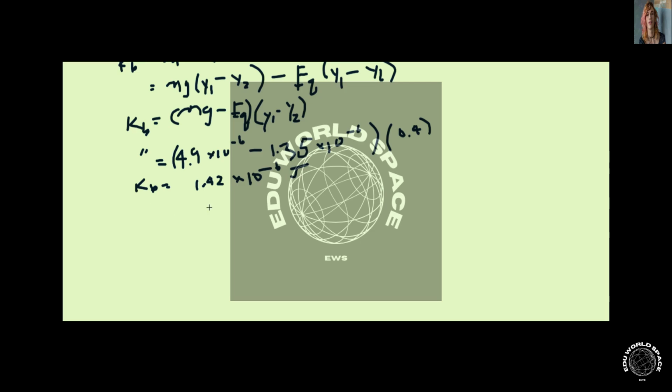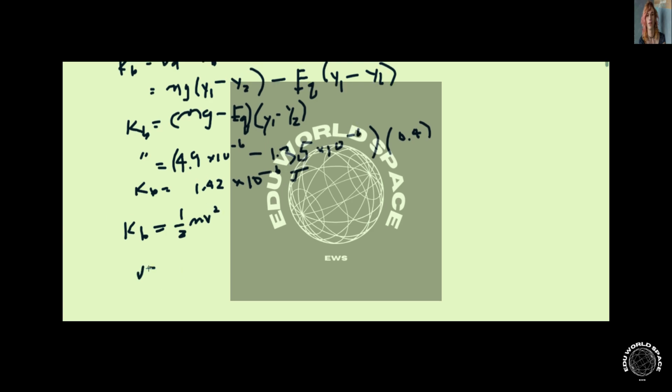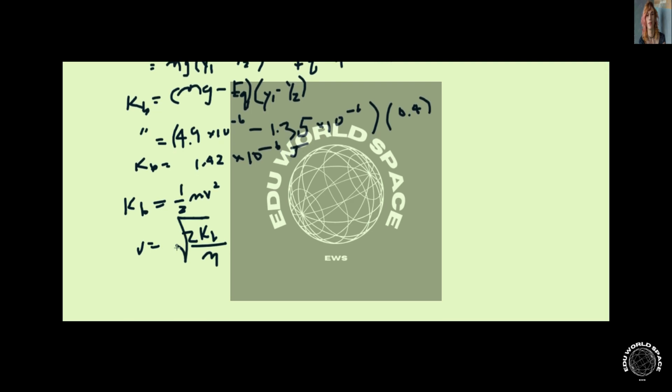So now that we have the kinetic energy at point B, we can use the other formula for kinetic energy, which is 1/2 mv squared, and solve for the v in this case. So if you isolate all the variables for v, you're going to get an expression that looks something like this. So 2 times the kinetic energy over the mass, and just square root that whole thing since there's a square for the v, for the velocity in this top expression. So now since we know all these values, let's just plug them in.